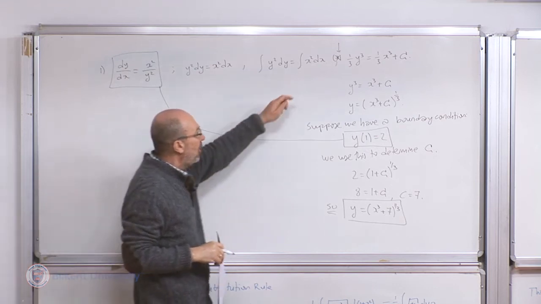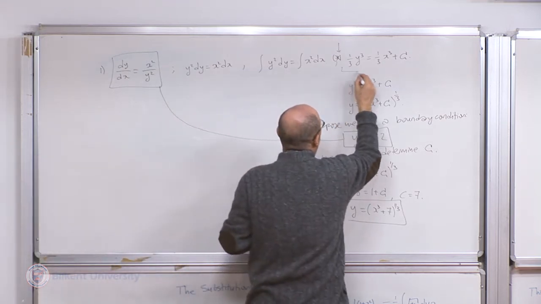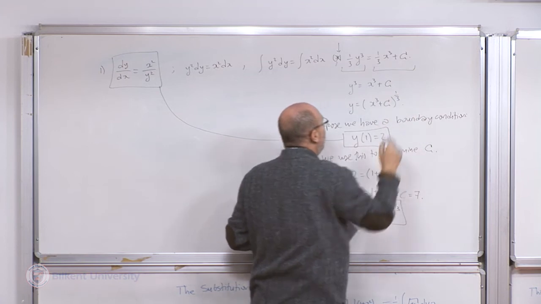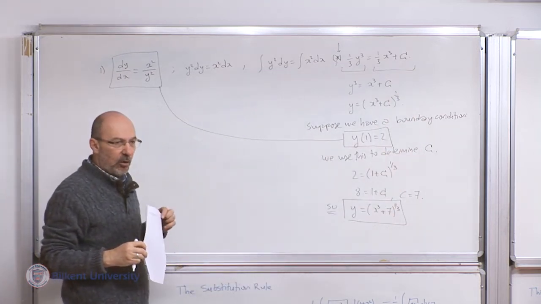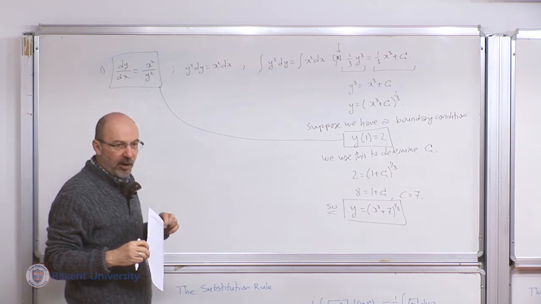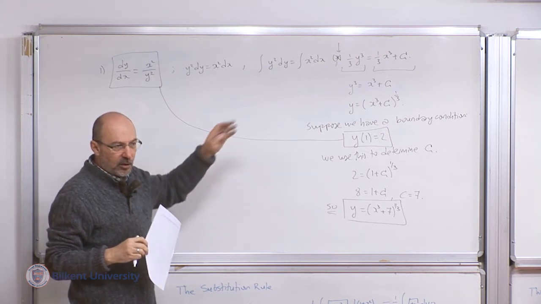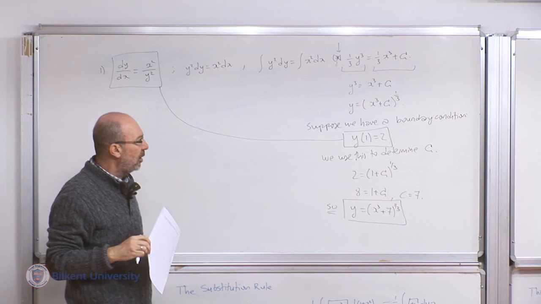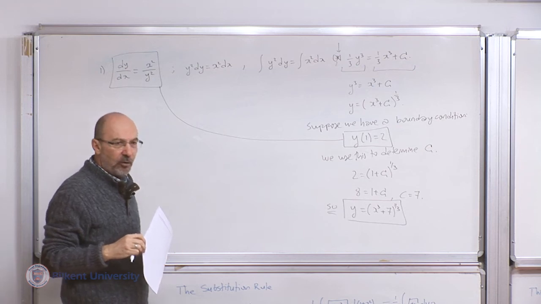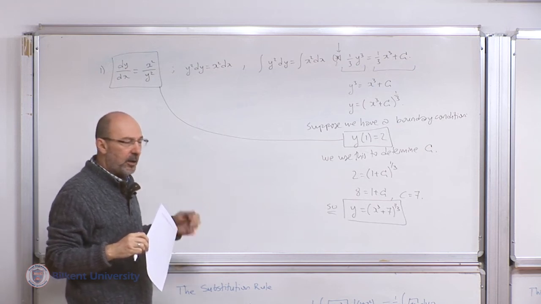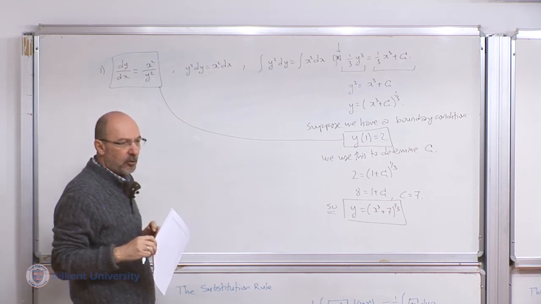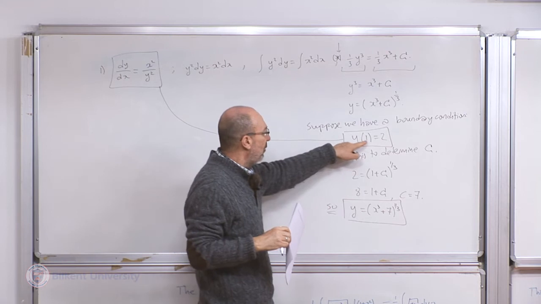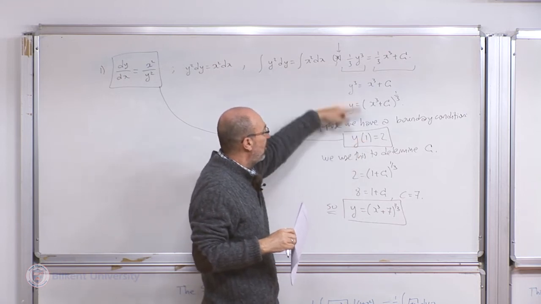If you are lucky, you'll end up with the function of y being equal to a function of x. Most of the time, you cannot solve that in terms of y. So you just leave it like that, and you attempt. If you need a value of y, you start attempting numerical methods to obtain the value of y at a certain point.